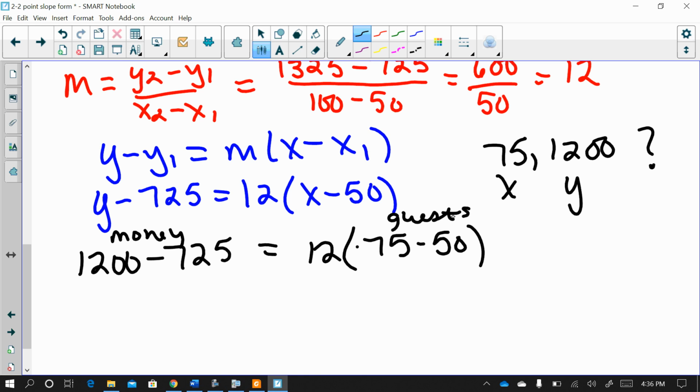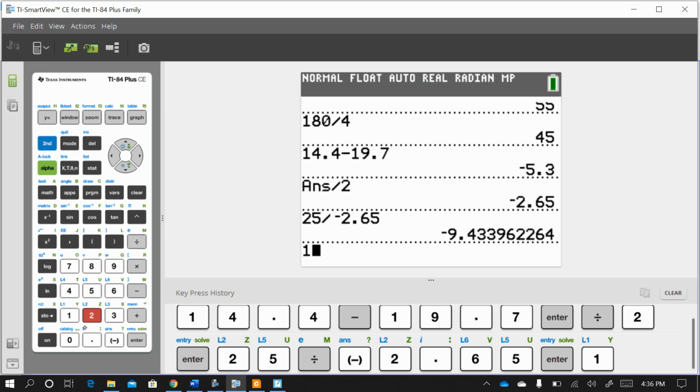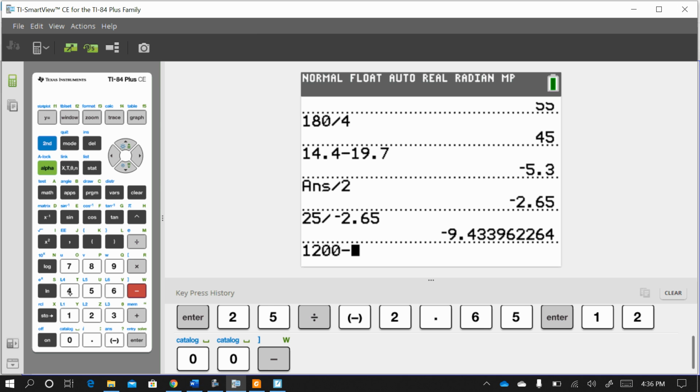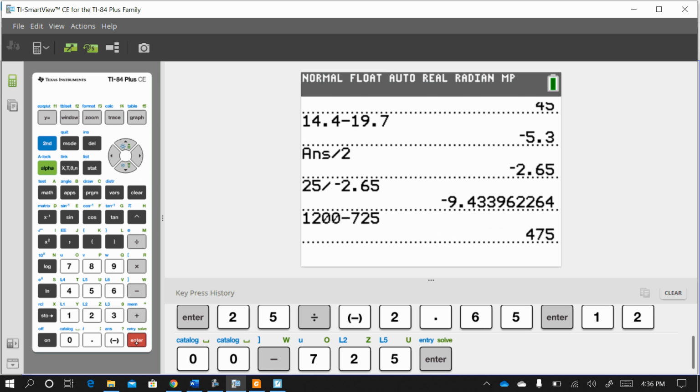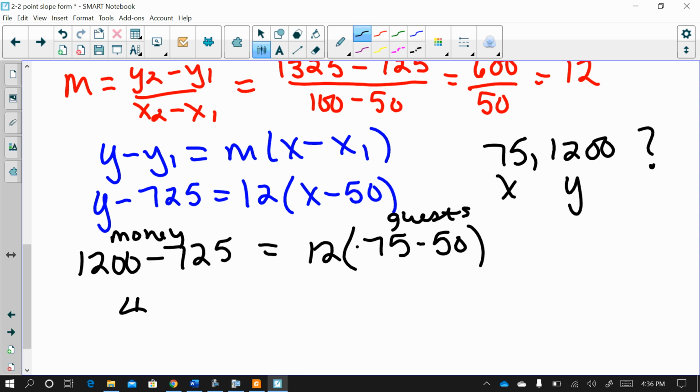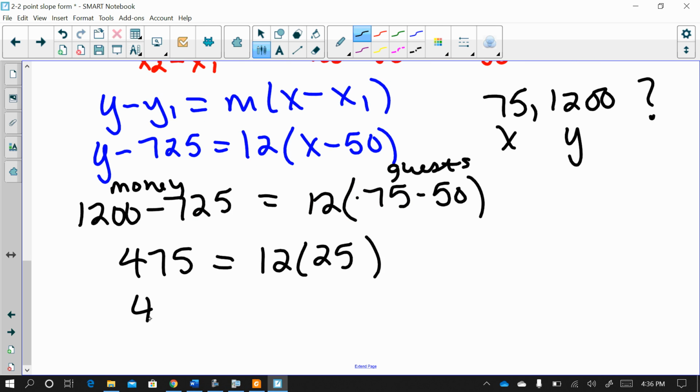So 1200 minus 725 gives me 475, equals 12 times 25. So 475. If you have 12 quarters, how much money do you have? You have 300. So this is saying she has more money than she needs, right?